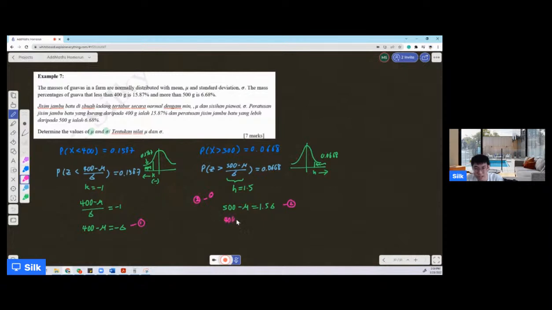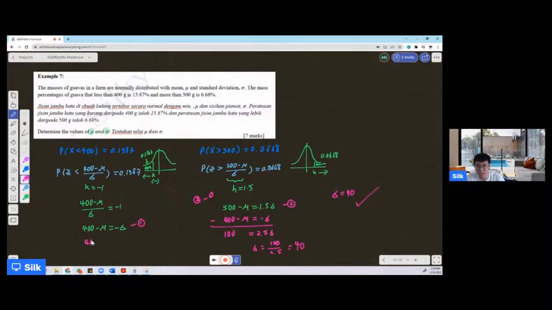So 400 I write below, and I minus it. 500 minus 400 is 100. Minus mean, minus mean, gone. 1.5 minus negative 1 is 2.5 standard deviation. So what is the standard deviation? 100 divided by 2.5. I will get 40. That is my standard deviation.